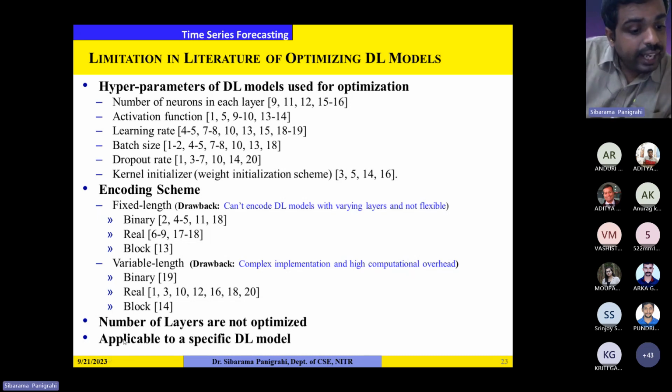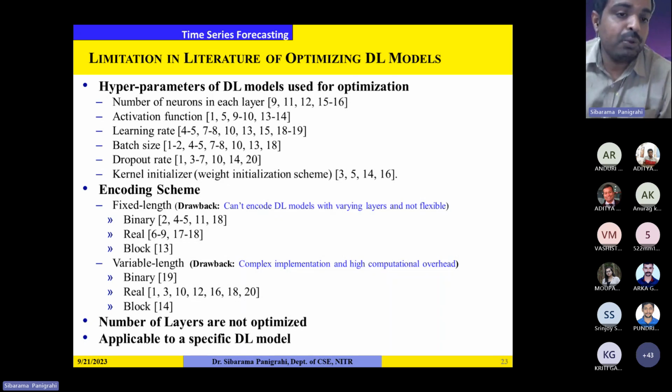And they haven't optimized the number of layers. And in addition to this, they have applied that optimization algorithm for a specific type of deep learning model. Means either they have optimized only CNN or they have used it only to optimize LSTM or deep belief network like this. But they haven't developed a generalized method that can be applicable to all kinds of deep learning models.